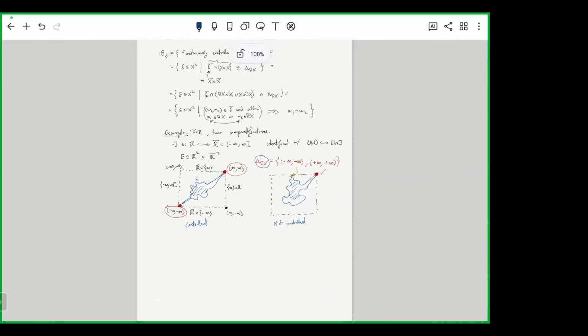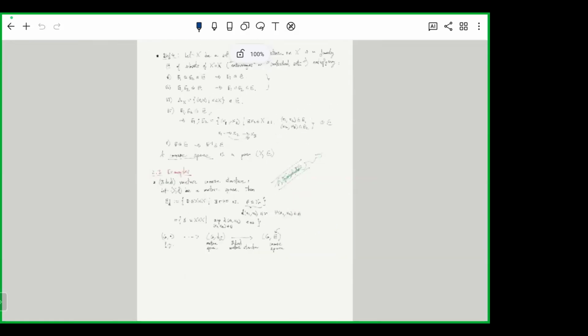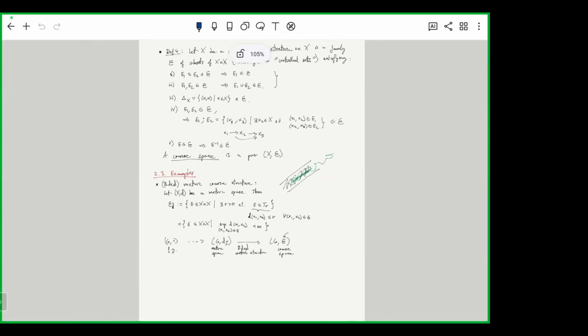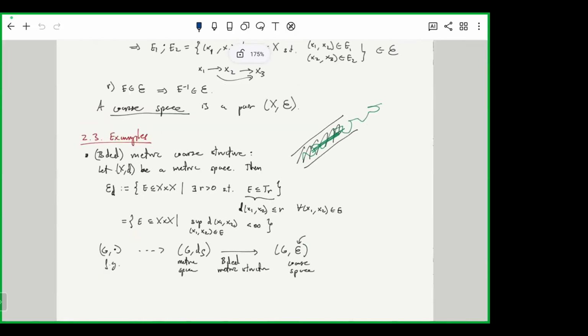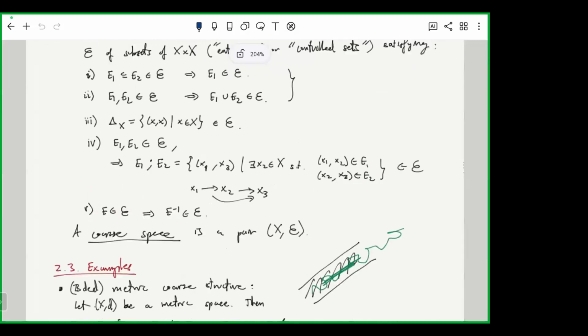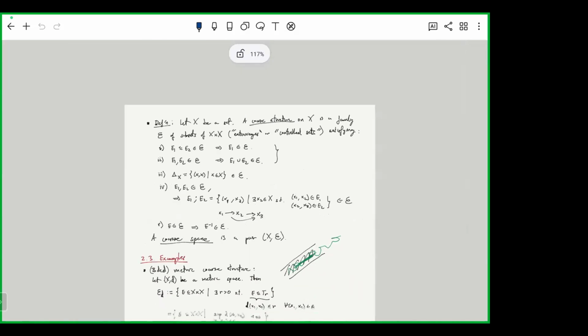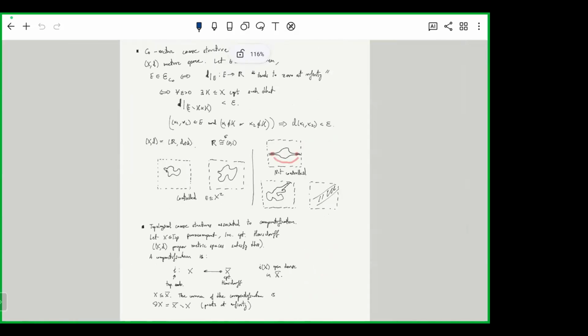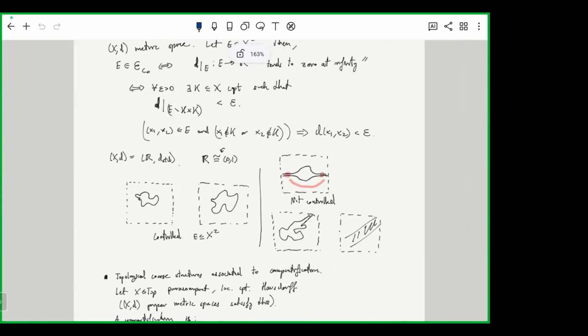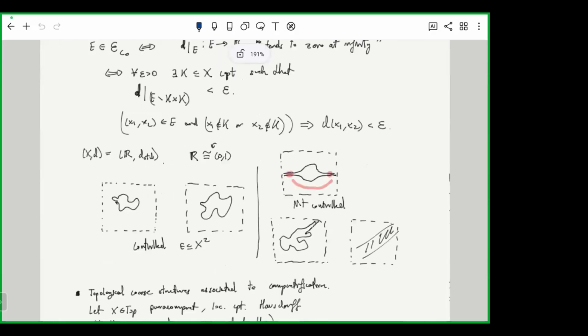You want me to go back to the definition, right? Yes, after that, you said this bounded metric coarse structure, that is fine, and then you talked about examples. Yes, right. So this is the C naught metric coarse structure.